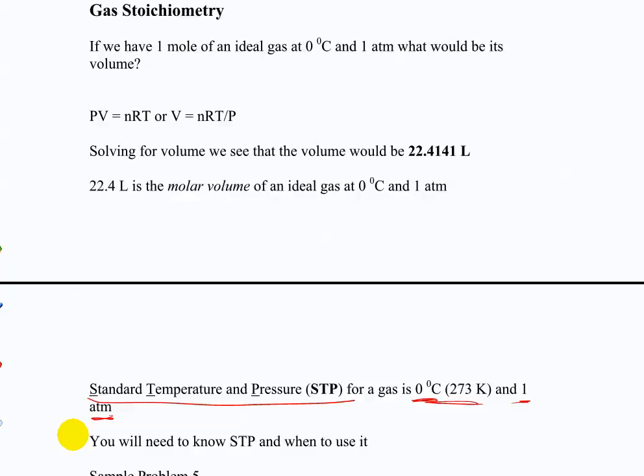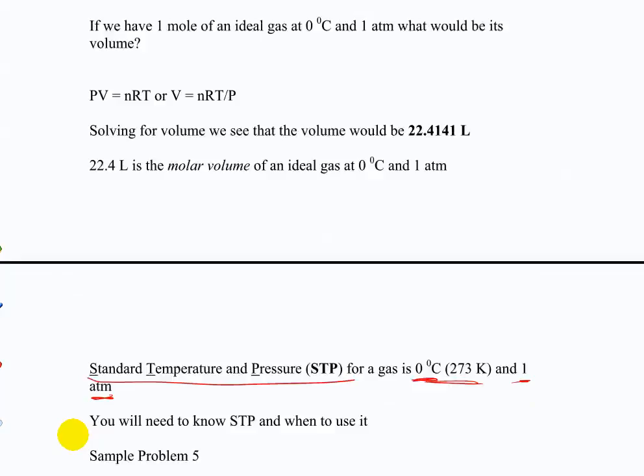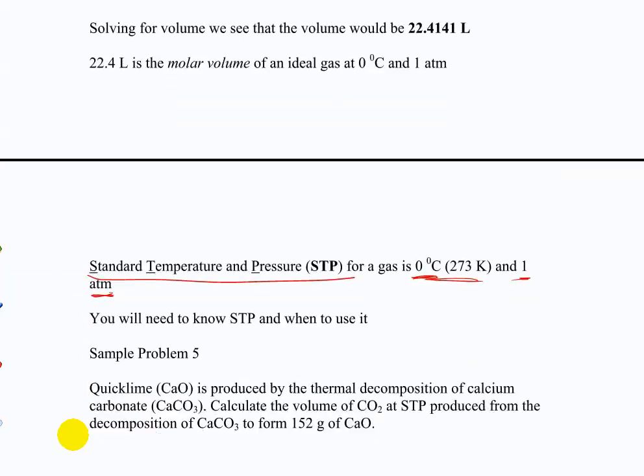That means that at STP, any ideal gas has 22.4 liters per mole. So we have a molar mass. Now we have a molar volume for a gas. Doesn't matter what gas, they're all the same. Remember that number. Remember 22.4, and remember those numbers for STP. 0 C, 1 atmosphere.